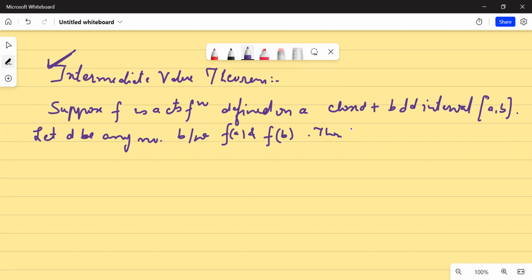Then there will always exist some c belonging to [a, b] such that f(c) is equal to d.